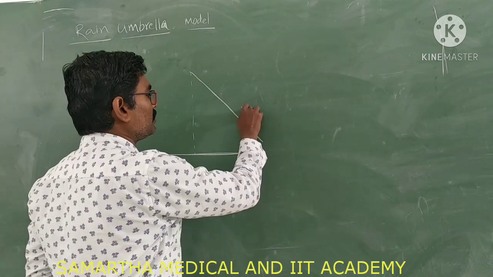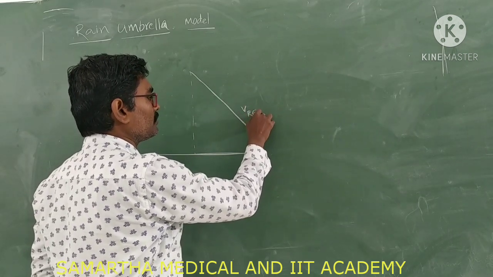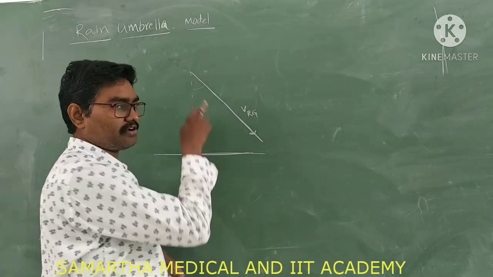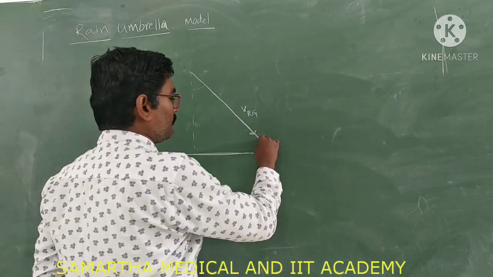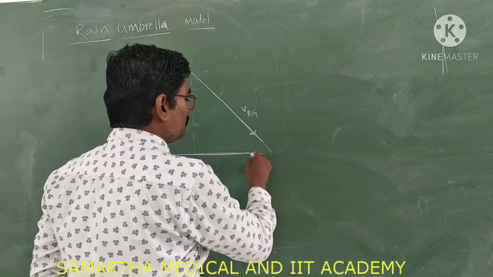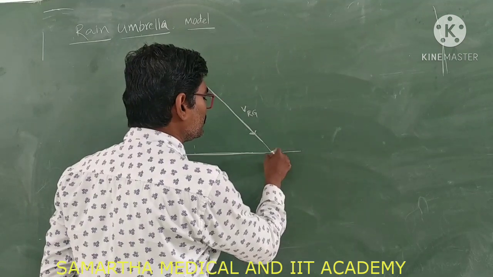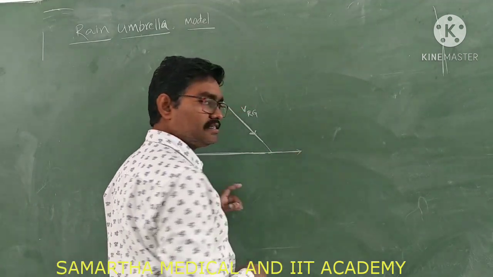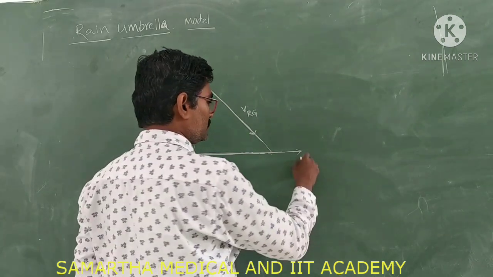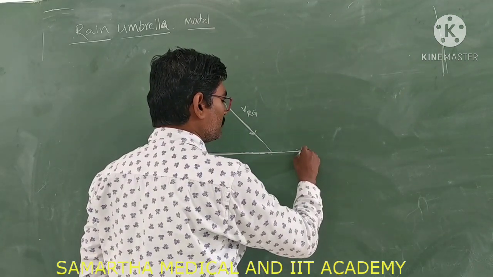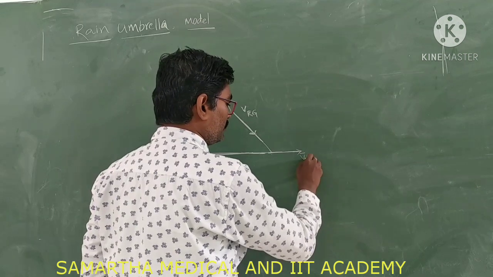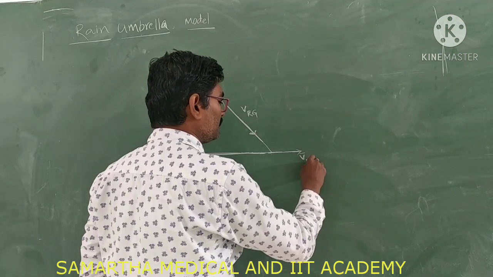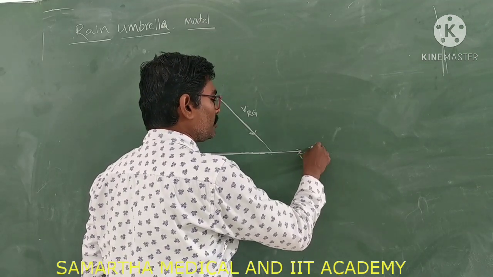The velocity of rain with respect to ground is with some inclination. Now, if it is hitting the ground at this point, the person is going along the x-axis with Vm bar, velocity of man. He is going along the positive x-axis.